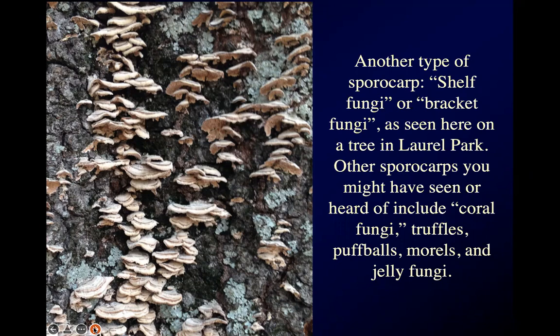Morels are absolutely delicious if you know where to find them. And if you know where to find them, you don't tell anybody else because that's your patch. Jelly fungi you can sometimes see on dead tree branches. They look like little blobs of jelly. That's all fungi. Lots of different species of fungi, some of them with very different shapes of sporocarps.